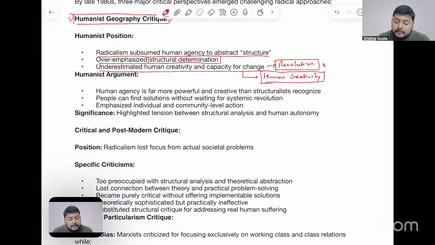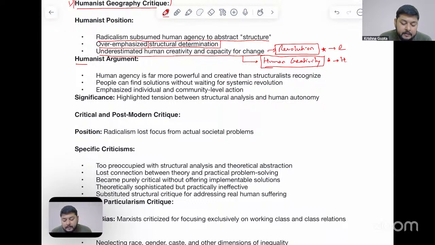So these are attached to radicalism and to humanism, which is very important for the changes and approaches to bring development in society. Then there was a humanist argument also: human agency is far more powerful and creative than the structuralists recognize. Like how we see a structure is.